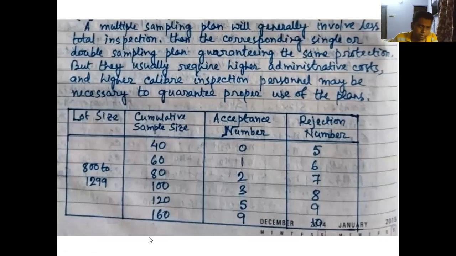But in the multiple sampling case, it might happen that you don't need to go to the fourth step of 100 at all. Within 3 steps you can complete your task and get your result.